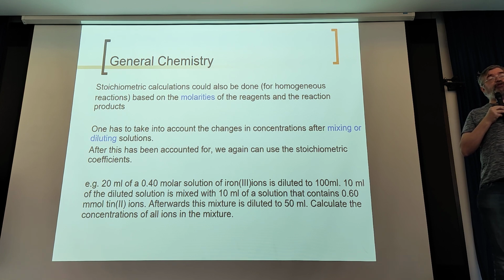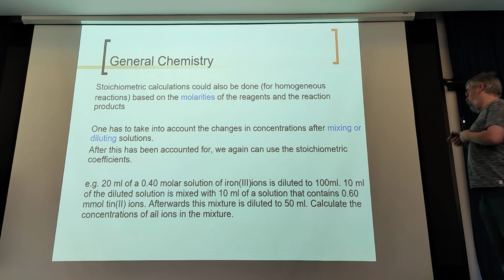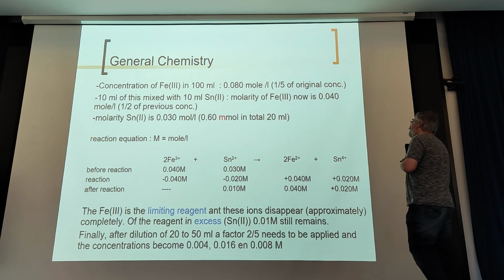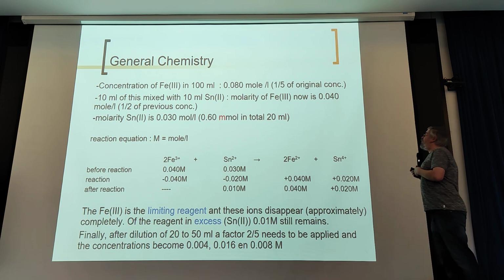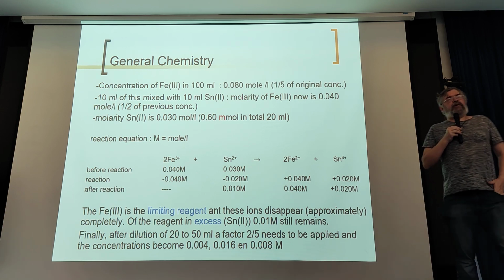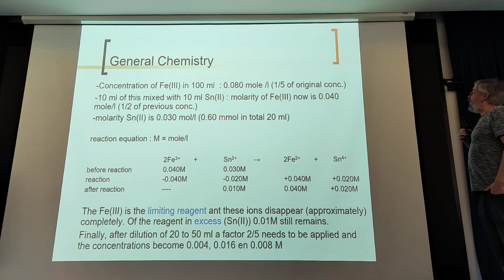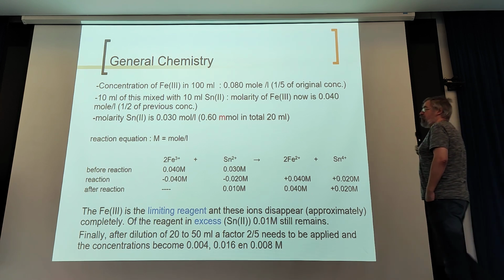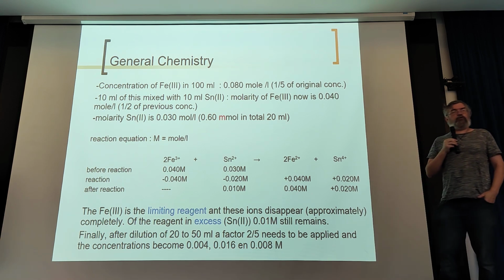So in the first step, we're going to calculate before the reaction. Then we're going to see what is the limiting reagent. We're going to do the reaction and then calculate again what the concentrations will be. So step by step. We start with 0.08, so 80 millimolar solution.